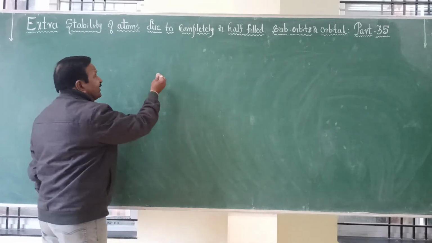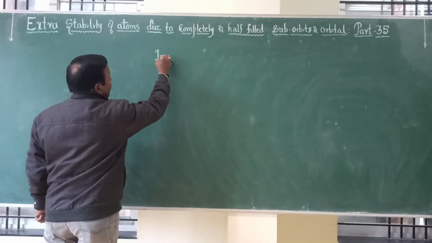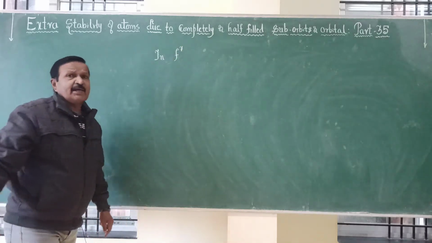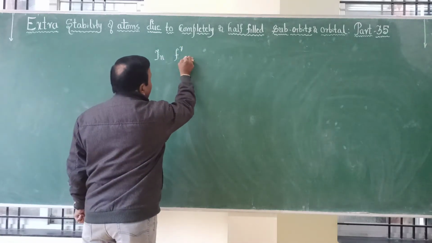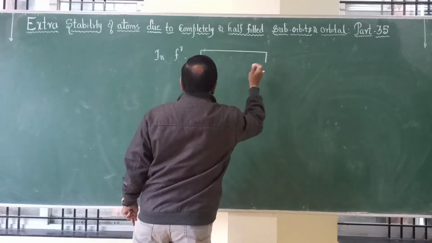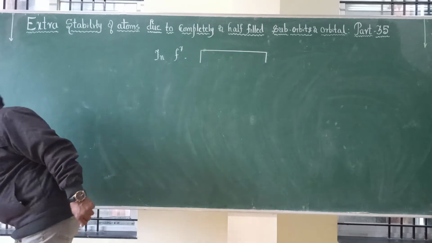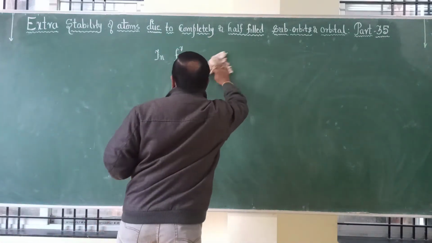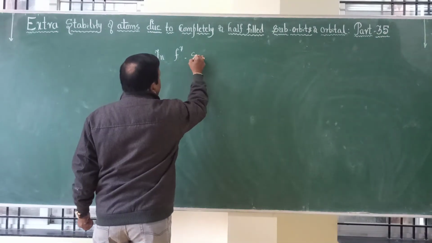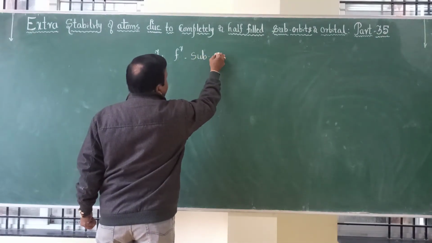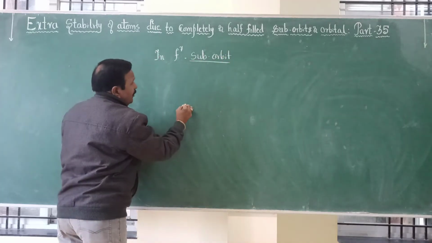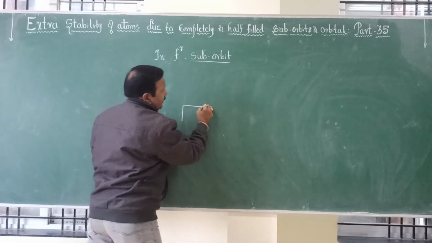And if you want one more example, take f7, if you are having an f orbital with 7 electrons, then you can write the configuration below, in the f7 suborbit.